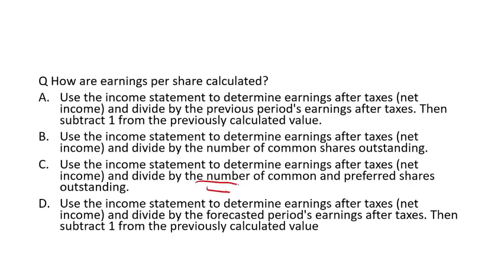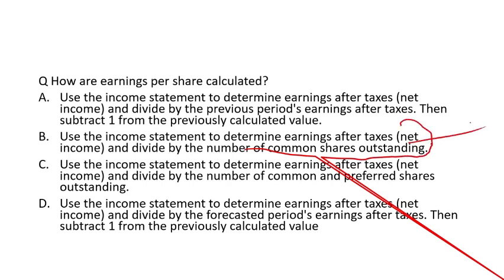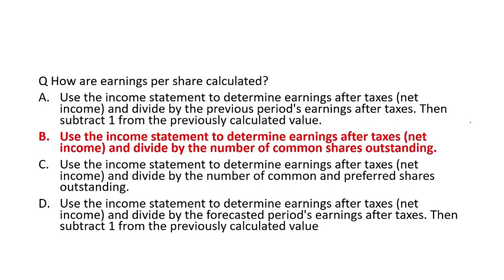Here the same thing is written in option C, but the additional is preference shares outstanding. So while computing the EPS, only common shares outstanding is considered, not the preference. So option number B is the right answer.